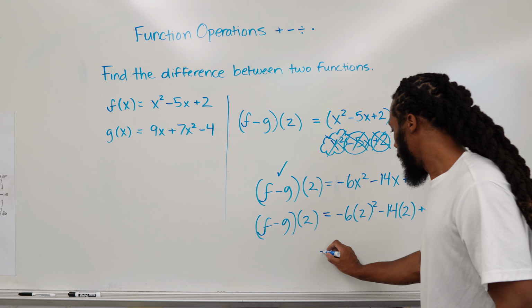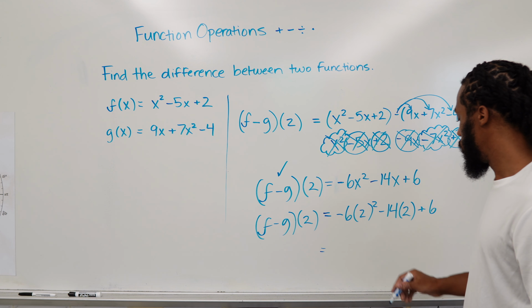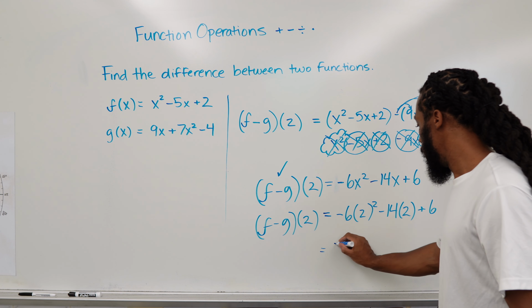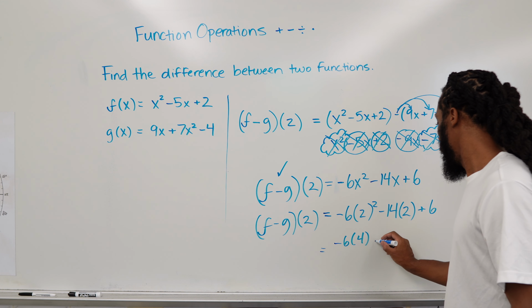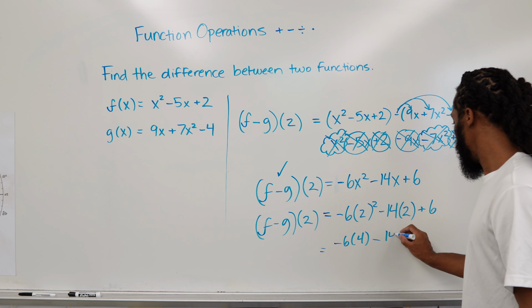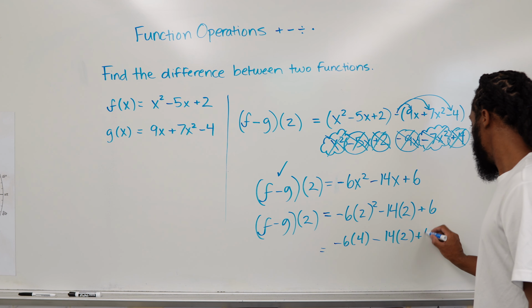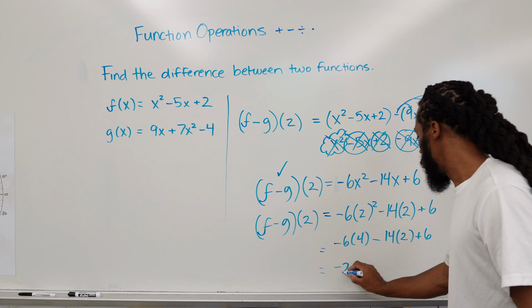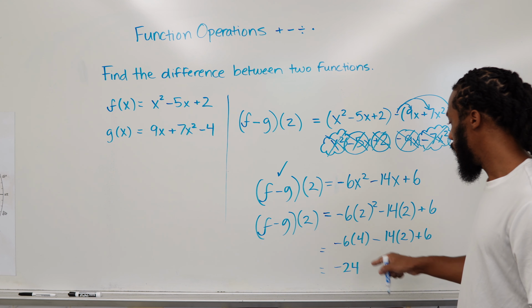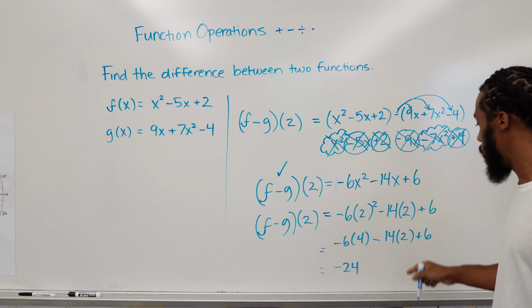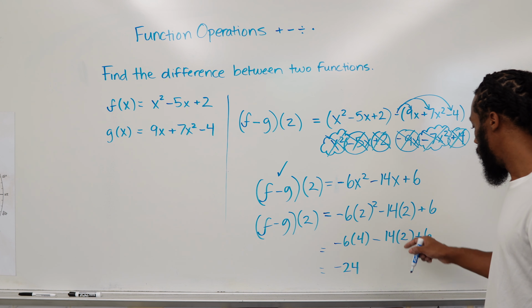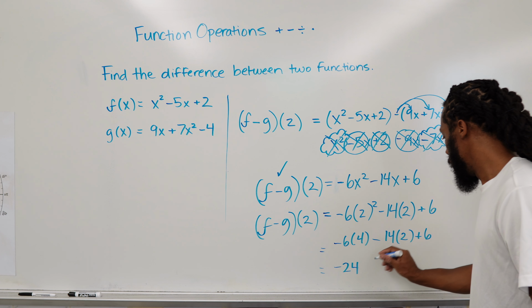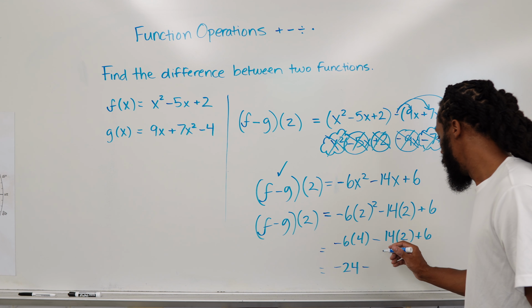Of course, we're going to square the 2 first, so we get negative 6 times 4 minus 14 times 2 plus 6. We end up with negative 24. Negative 6 times 4 is negative 24. Negative 14 times 2 is negative 28.